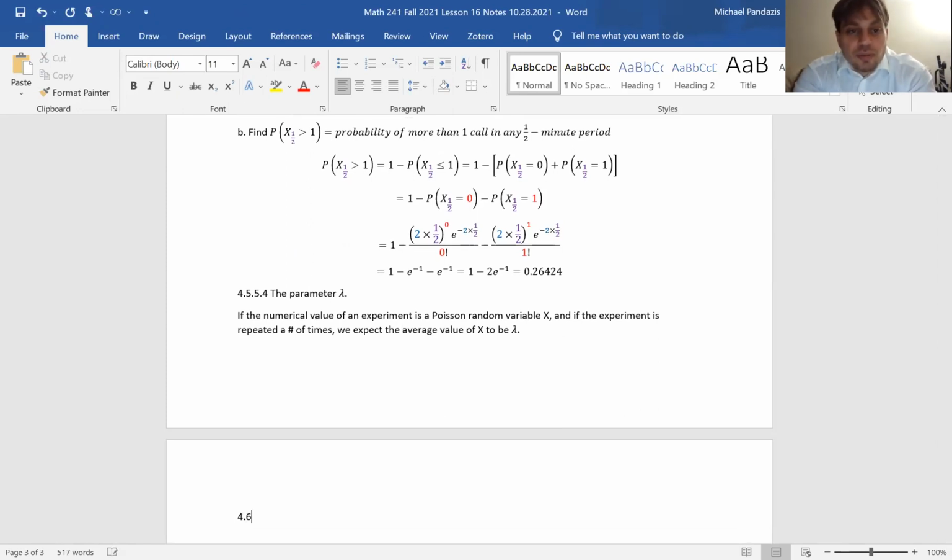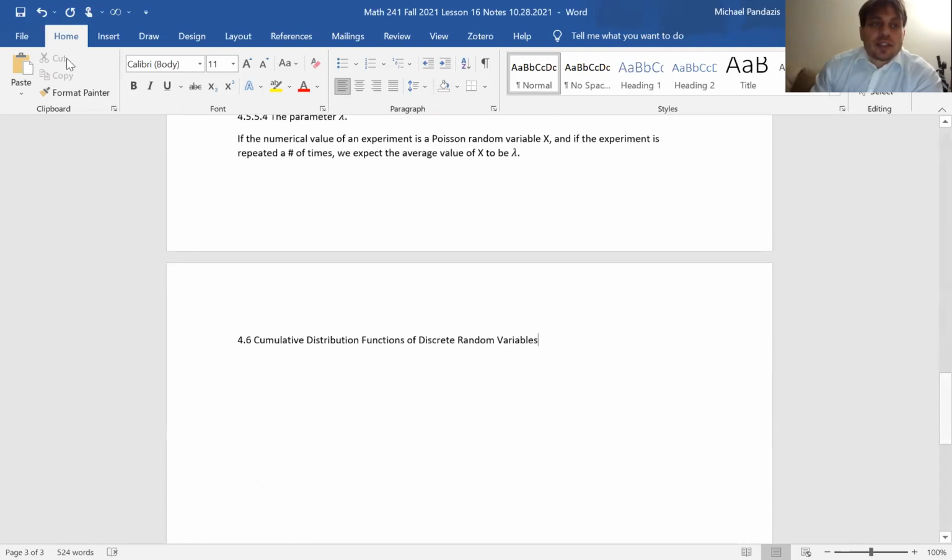Good. So 4.6 is on cumulative distribution functions of discrete random variables. Okay, so this is easier than the last section. So first the definition.